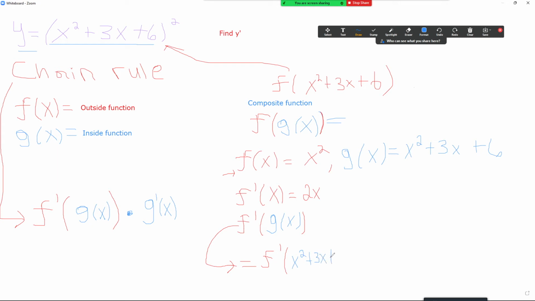And all this says is, in the derivative of f, wherever you see an x, you're going to substitute x squared plus 3x plus 6.